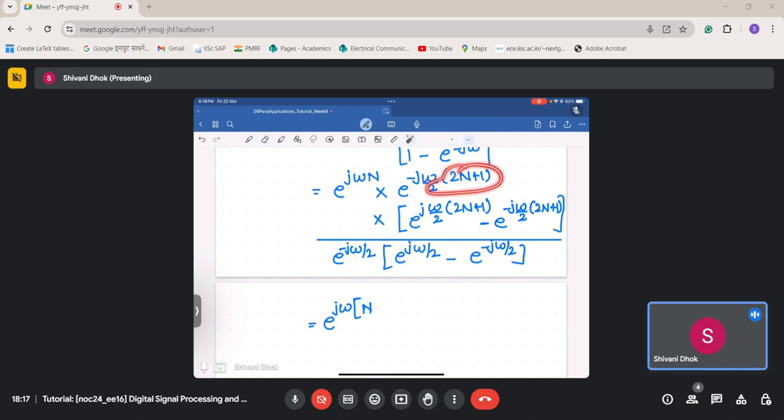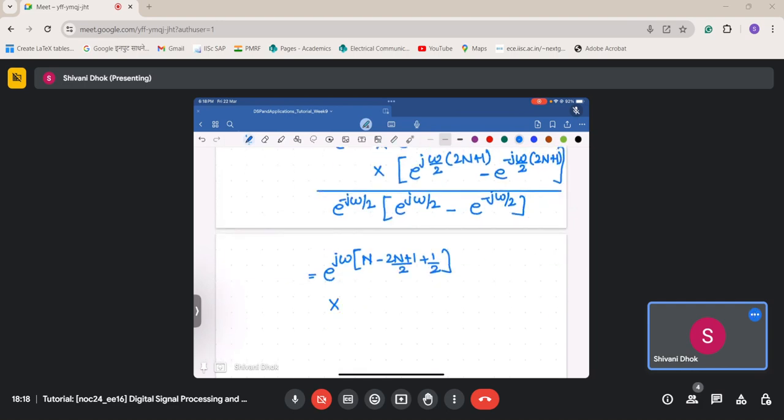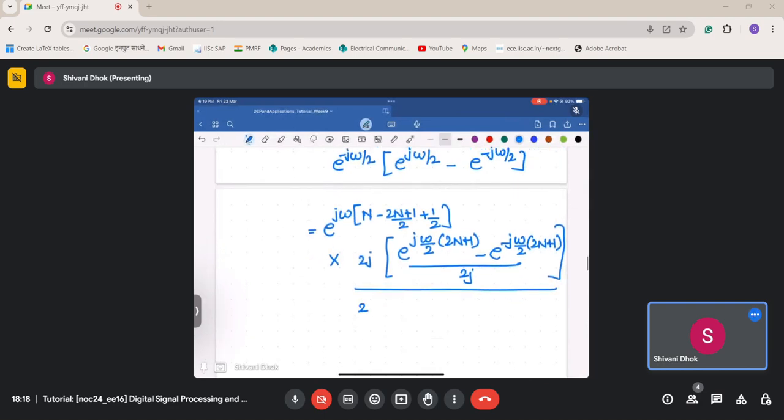Here we have this term, so this I can write as minus (2N plus 1) by 2, and plus 1 by 2 from this part, multiplied by 2j into e power j omega by 2 into (2N plus 1) minus e power minus j omega by 2 into (2N plus 1) divided by 2j, whole divided by 2j into e power j omega by 2 minus e power minus j omega by 2 divided by 2j.